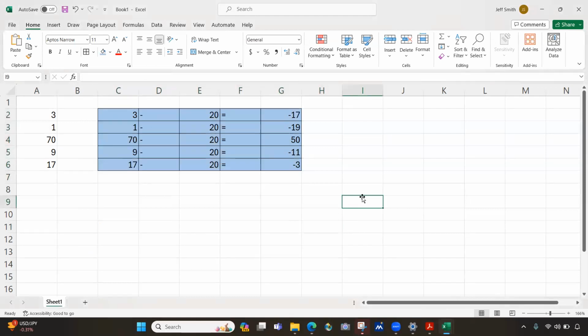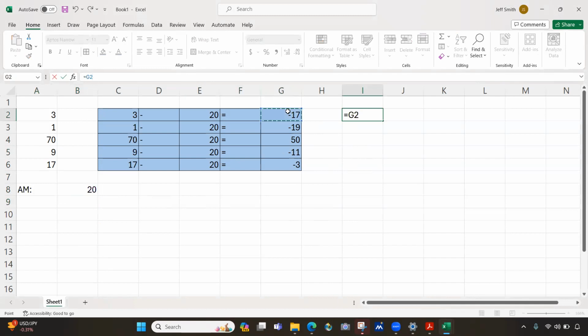Okay. Now, the arithmetic mean is 20. In this column, I'm going to square these numbers. Square means you multiply the number by itself.